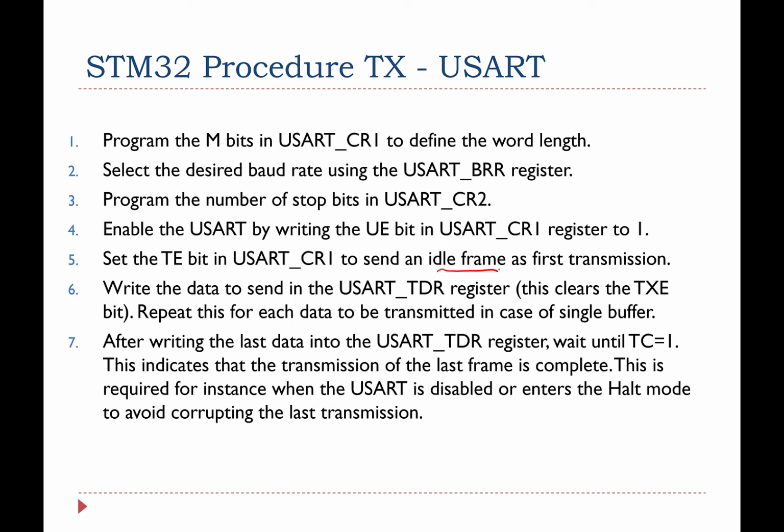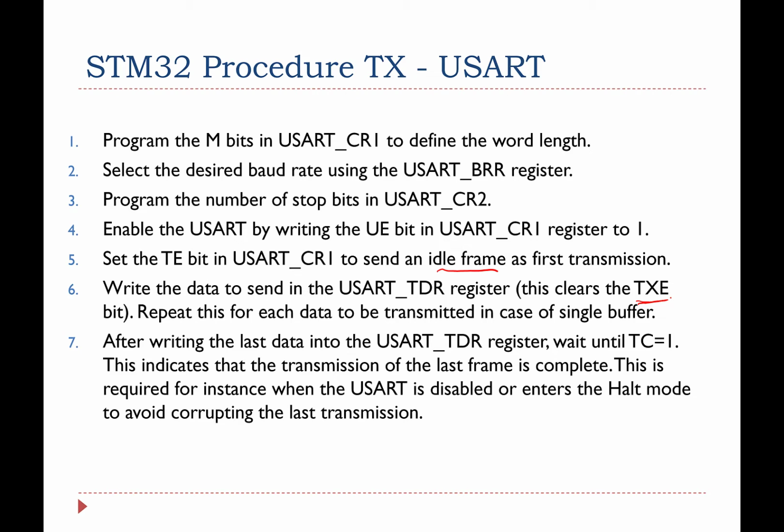Then we have to write the data that we want to send, and where do we put that? We put that in the transmit data register, the TDR register. When we do that, you can see this will clear the transmit enable bit, and each time we want to send something, we have to put something new in the transmit data register, and it will send it out.